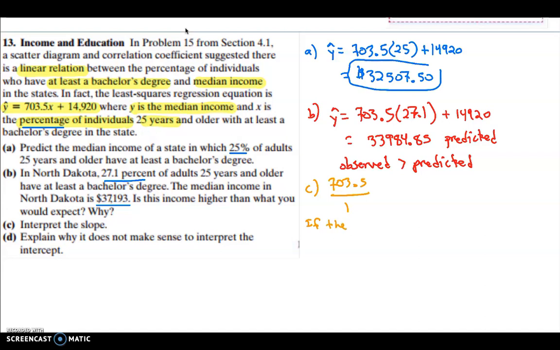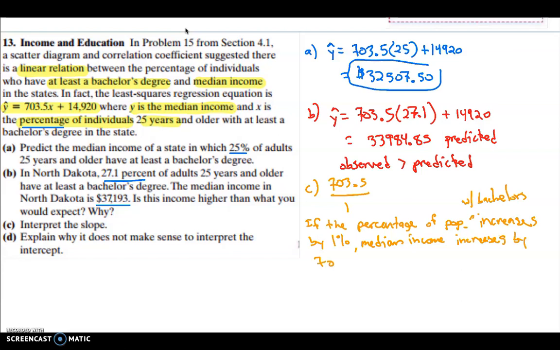I'm just going to shorthand this, but if the percentage of population with at least a bachelor's increases by 1%, so that's the denominator, then the median income increases by $703.50. And that's on average. It's not a guarantee, but that's just on average.